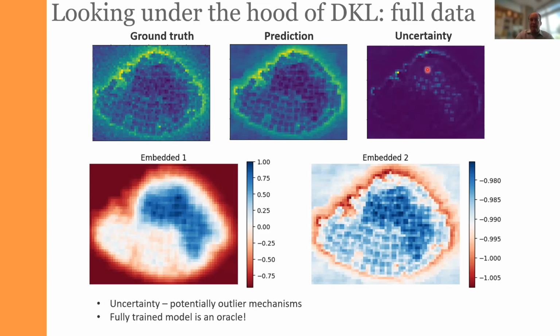However, remember that deep kernel learning also gives us uncertainty, as any Gaussian process does. Why is that useful? It is useful because the uncertainty tells us where the model is self-consistent and when it is not. You can see that in most parts of the image, the uncertainty is fairly low, because the model can predict itself.